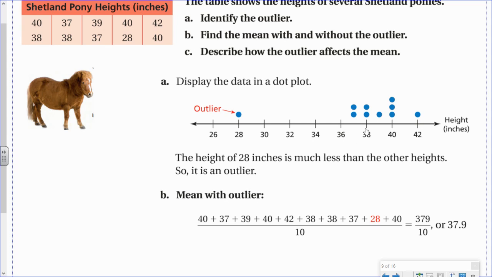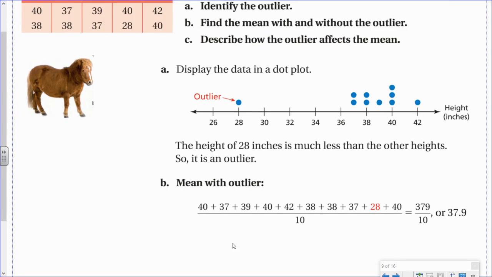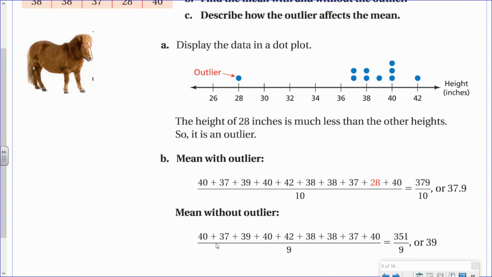Now 37.9 would be about right here on my dot plot. I'm going to show you what happens when I don't include that 28 next. So I went ahead and I added the 9 data values without the outlier. And since there's only 9 of them now, I divide by 9 and I get 39. Now 39 is right here.